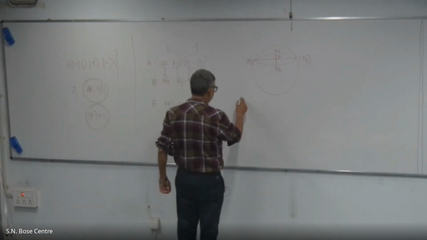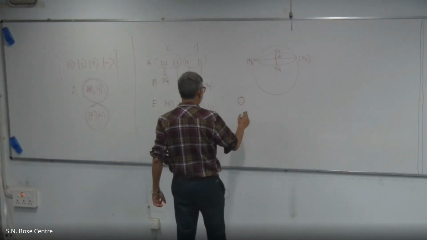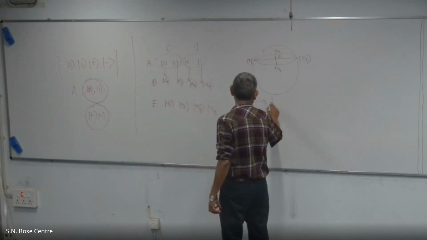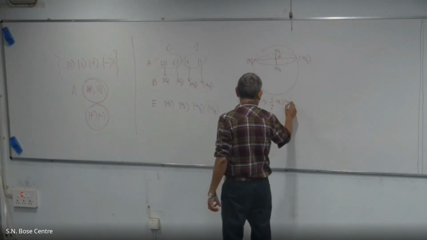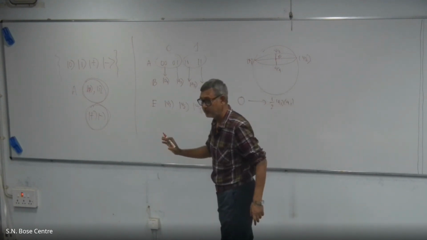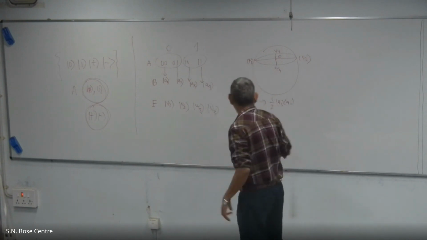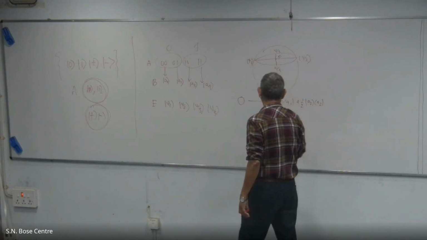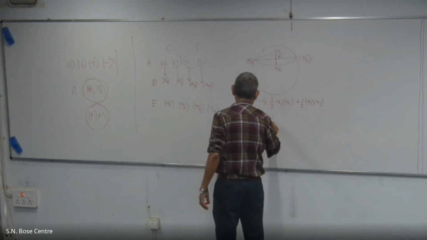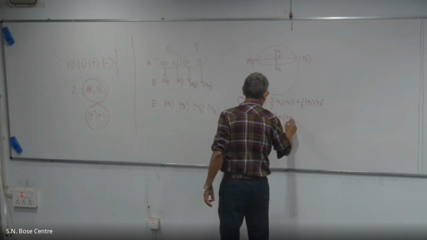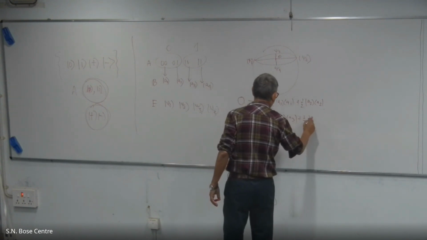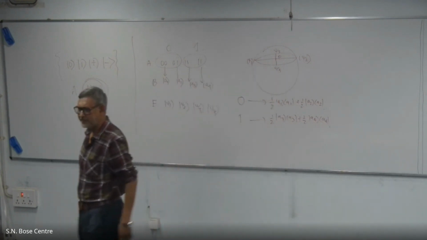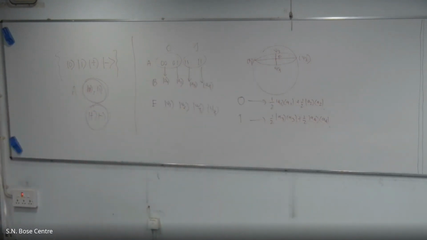Now, can you tell me, when Alice has decided to send 0, then what is the state of Eve? But Alice is sending, and Bob can discriminate among them because they are completely orthogonal subspaces.